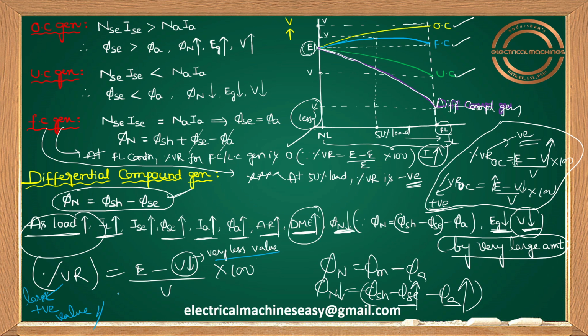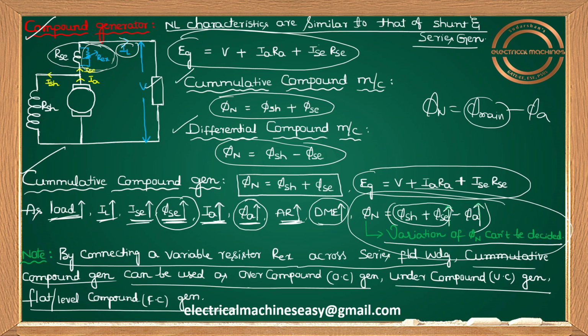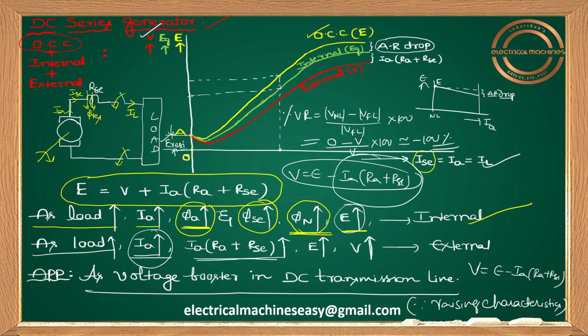Try to understand. They may ask you some questions. Out of all the generators, which DC generator has the highest positive voltage regulation value? Obviously your option is the differential compound generator. If they don't mention the word positive, and ask which DC generator has the highest voltage regulation magnitude, your answer is the DC series generator, because there we get minus 100%.